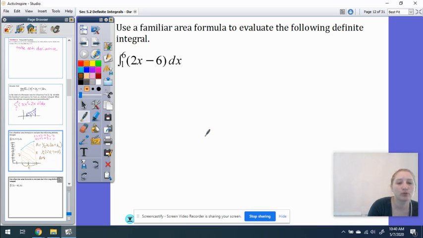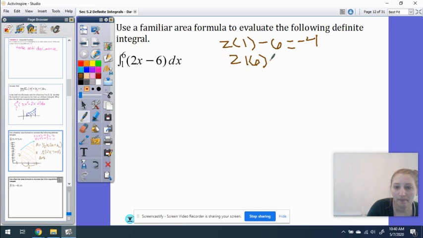Okay, so just like before, let's go ahead and substitute in 1 and 6. All right, so then we're going to get -4 and 6. Okay, so let's go ahead and plot that.